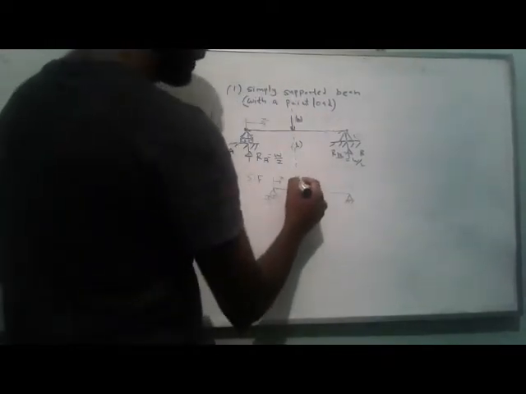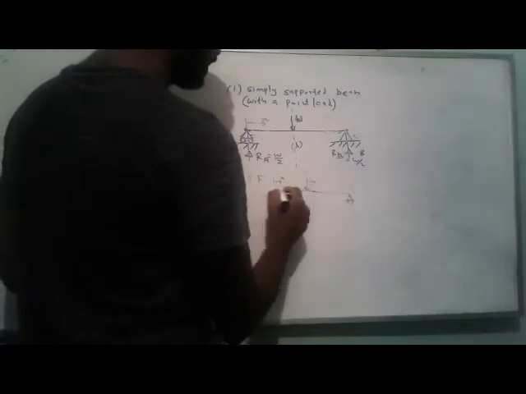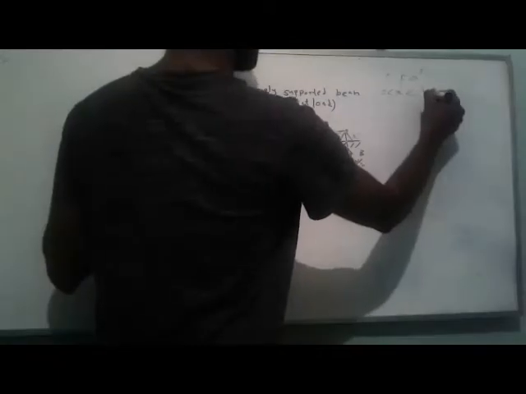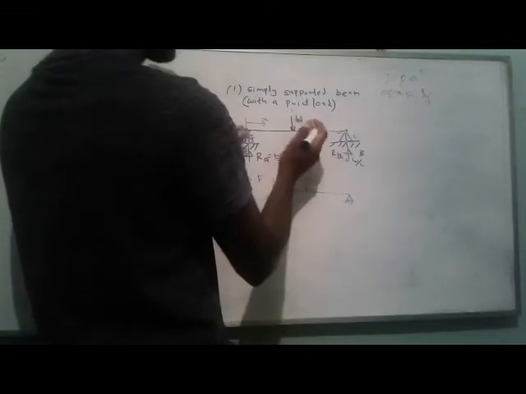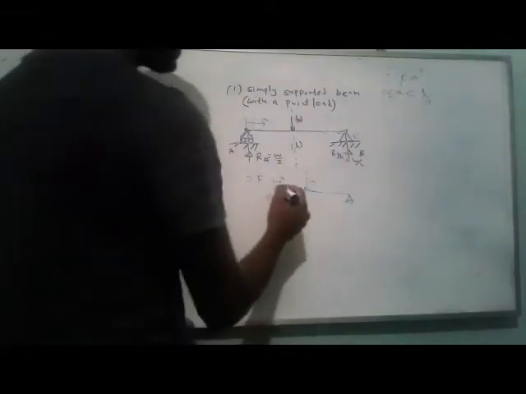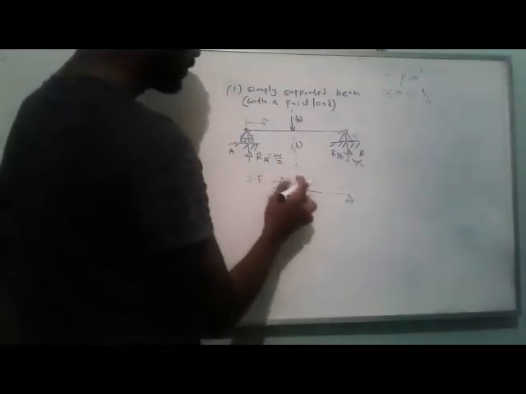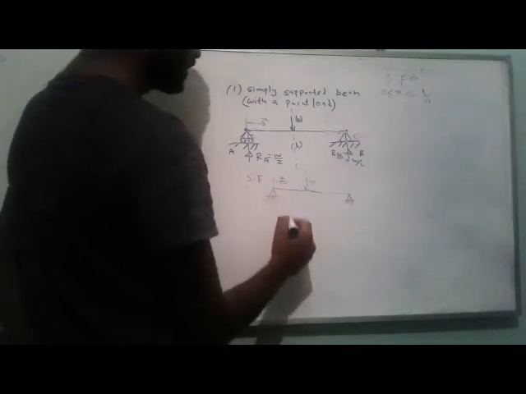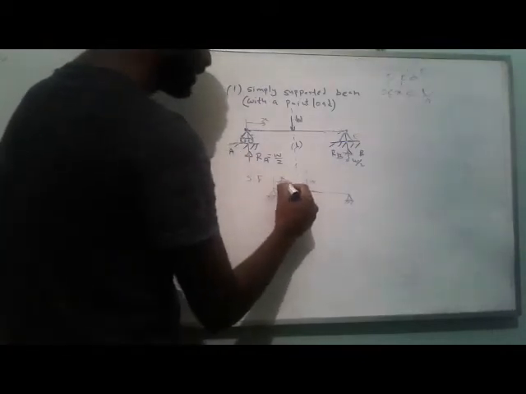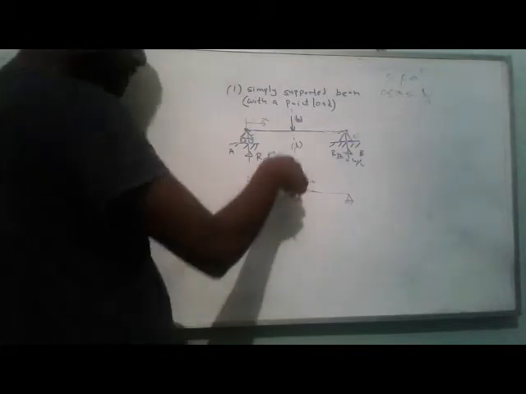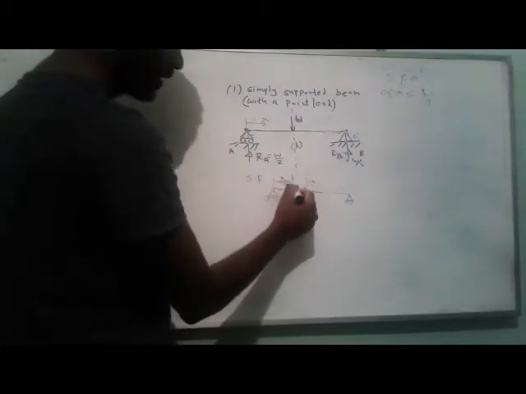For the shear force diagram, X is greater than or equal to 0 and less than or equal to L over 2 in this section. First we consider the LHS section, where we measure X from here. We break this beam here like this.